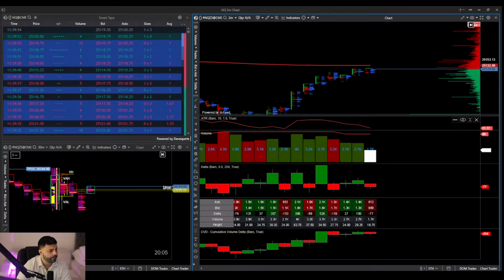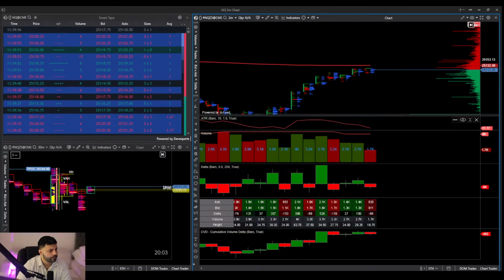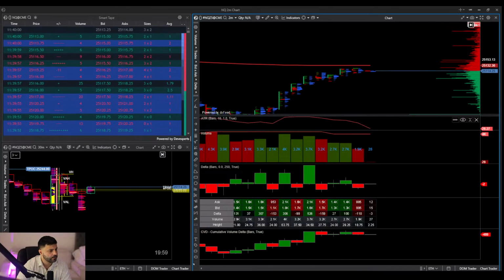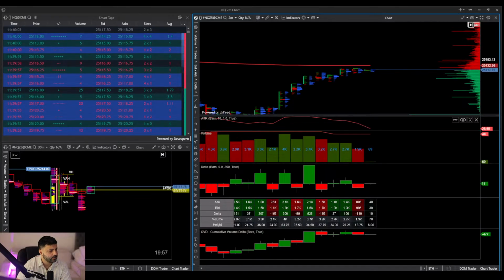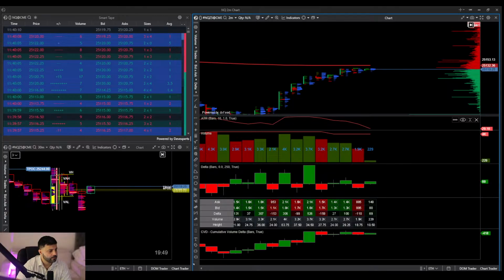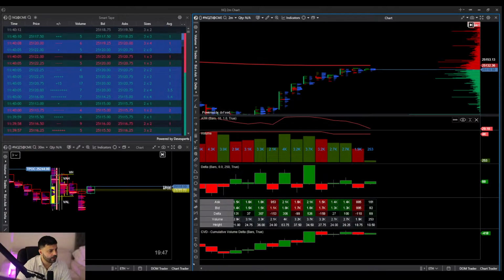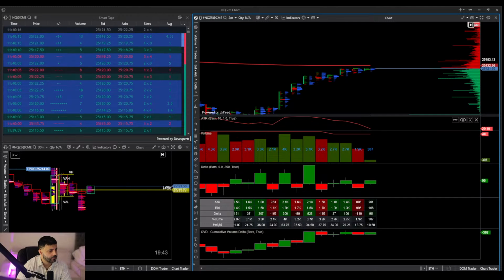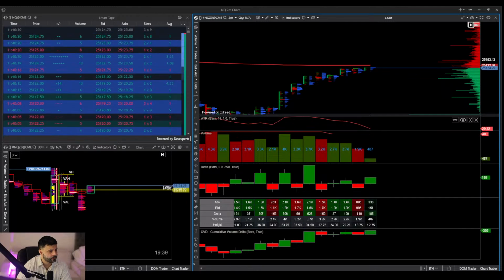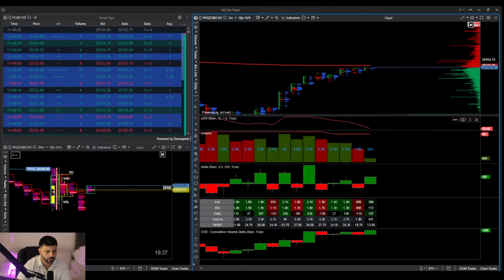So 90 points today. The 30-point stop was actually with light size. This A plus setup, I hit it with 5 contracts. So decent return. Now we're just ripping, huh?